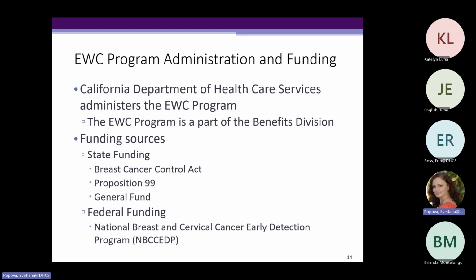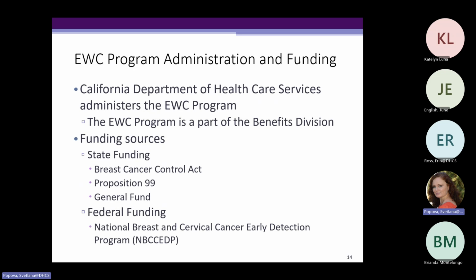Oftentimes we get a lot of pushes from the industry to cover certain codes, and before we can do that, we really have to make sure that this is not just a benefit for any pharmaceutical or medical company. The benefit is really something that we absolutely have to put into work, and that analysis is done by the benefits division.